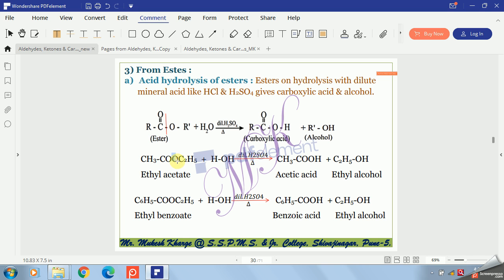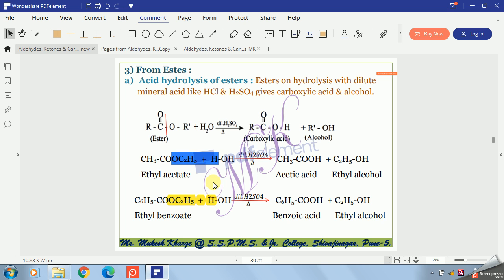So your byproduct is like this. In this way you can write the reaction.